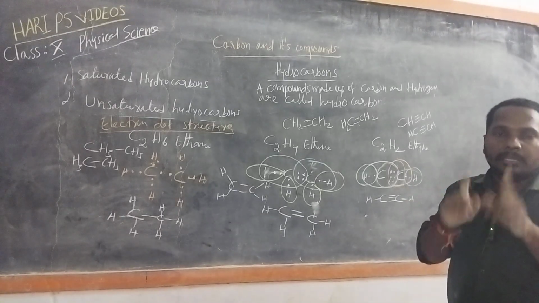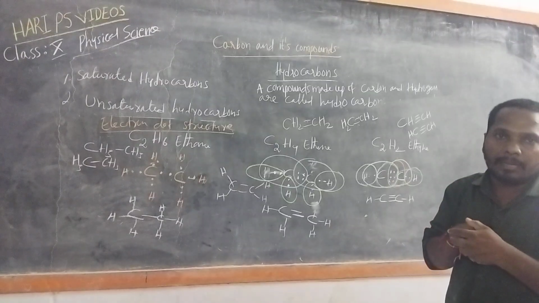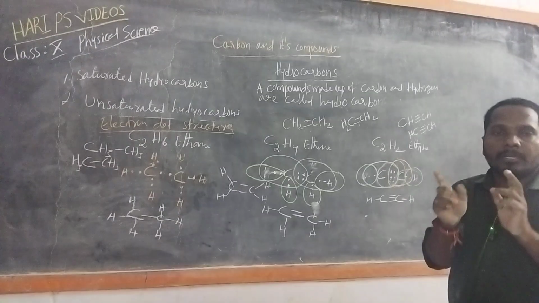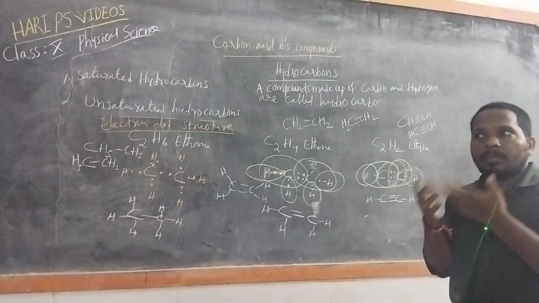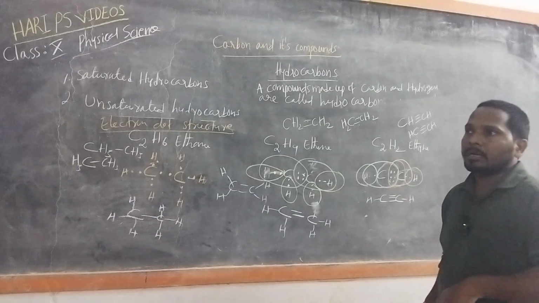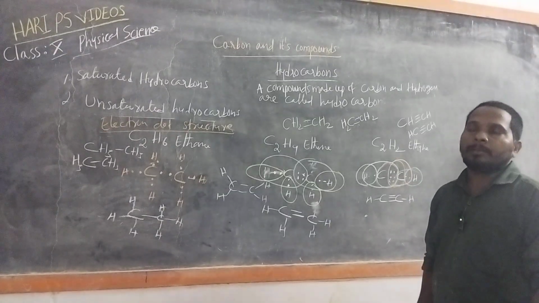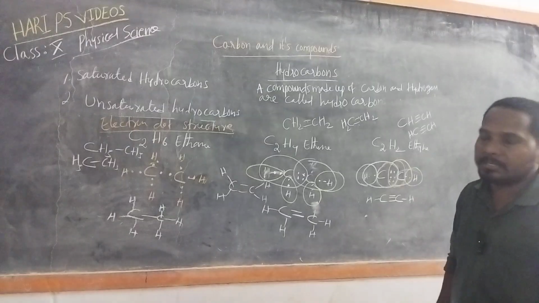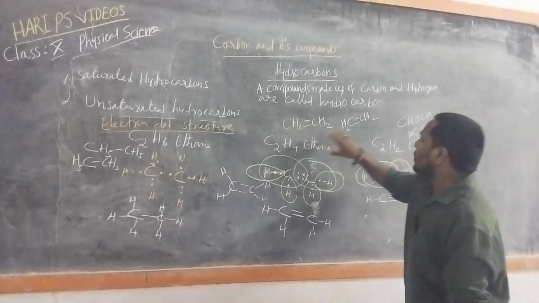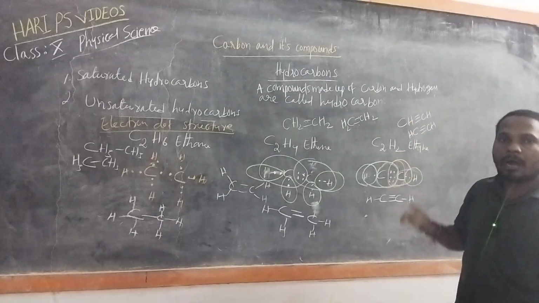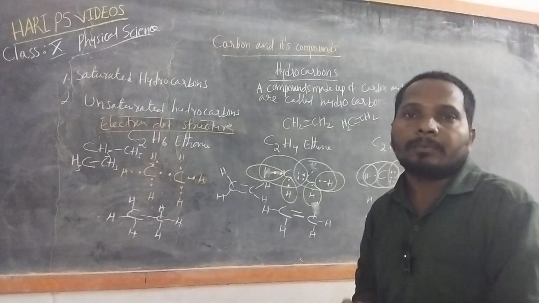If it is a single bond, saturated. If it is a double bond, unsaturated. If it is a triple bond, unsaturated. The most important thing is that even the double bond and triple bond also have a single bond.